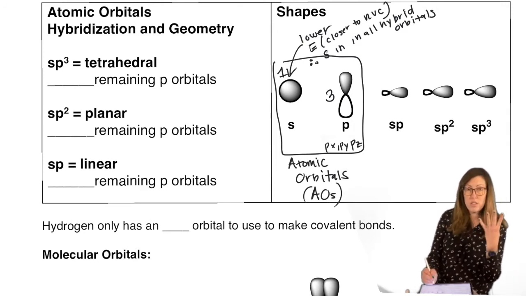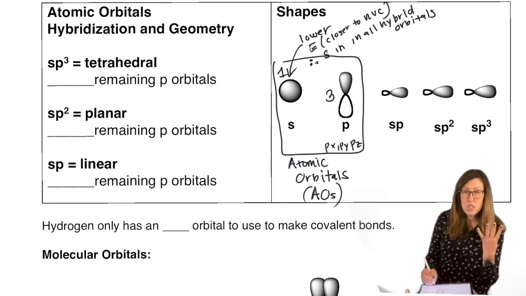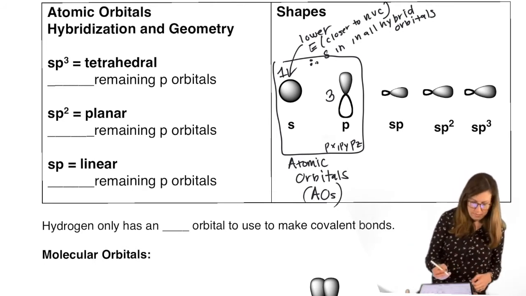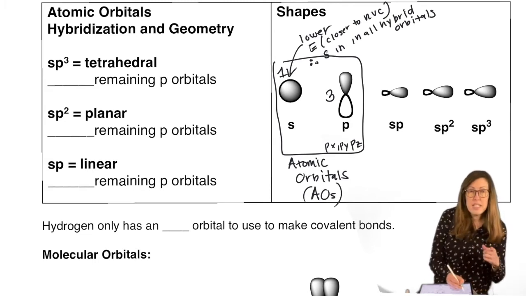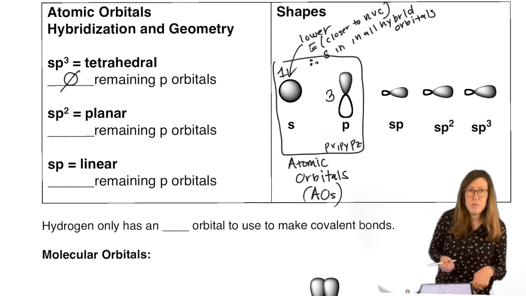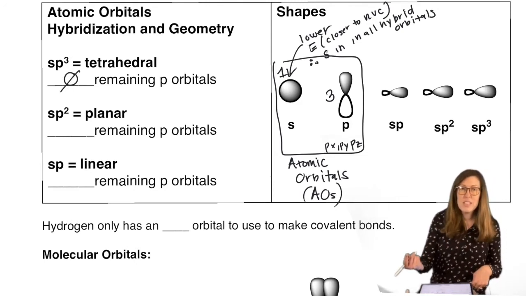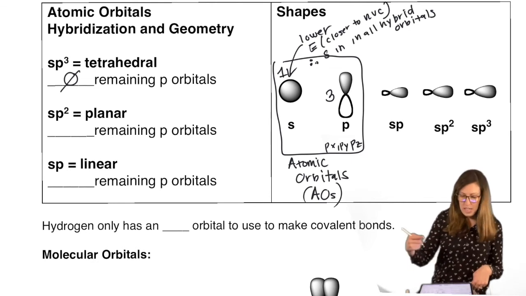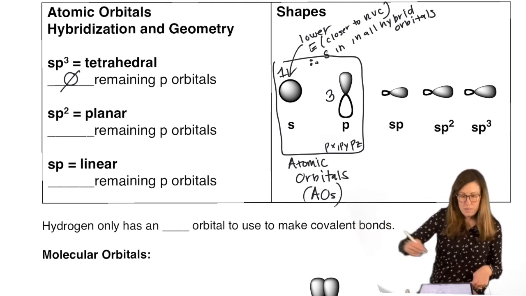That means you had 4 electron groups to make bonds to, meaning you had, going back to VSEPR, tetrahedral electron geometry. If you did indeed take all of those p orbitals to make those hybrid orbitals, you should have 0 remaining p orbitals. Therefore, as expected, no pi bonds. Remember, p orbitals are used for pi bonds.